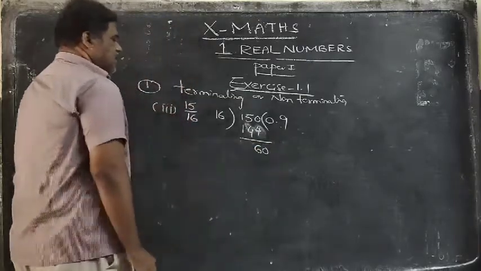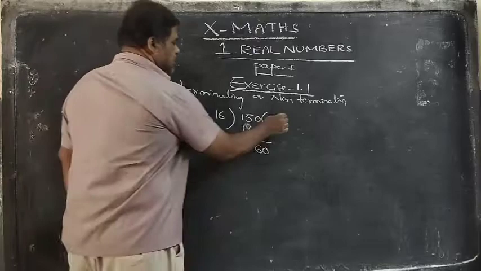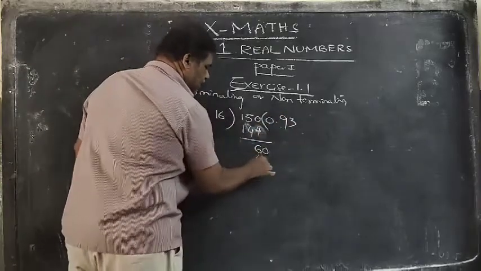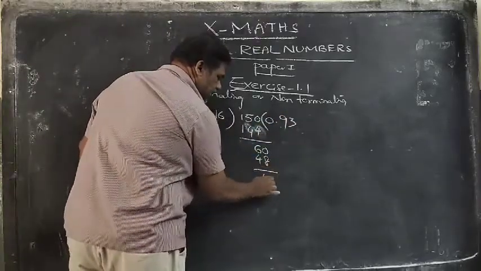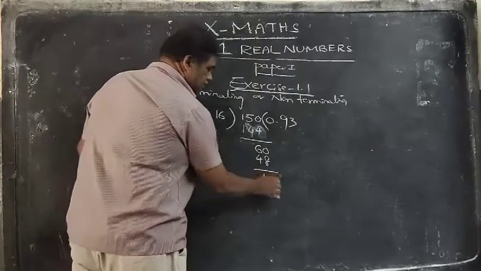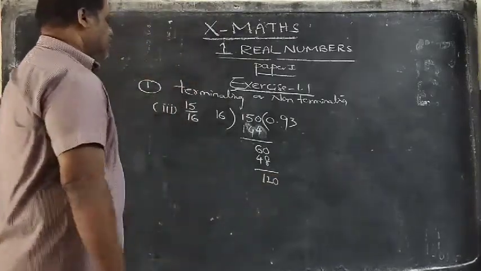Remainder is 6. Now 60. 16 threes are 48. Remainder is 12. Keep 0.